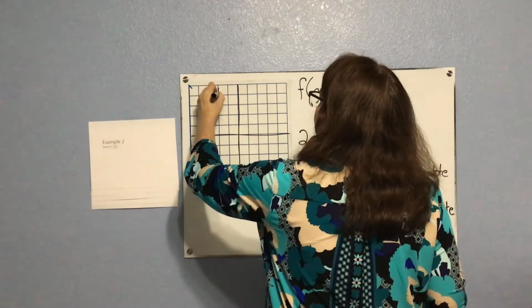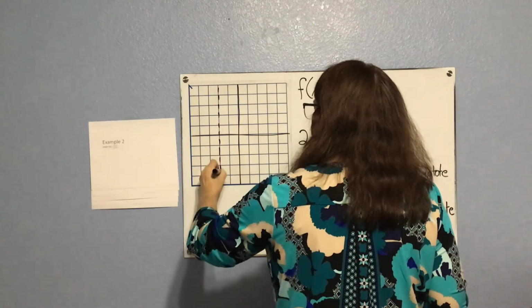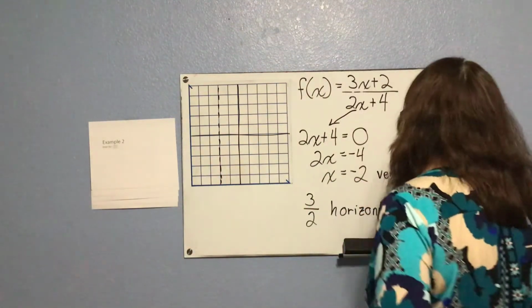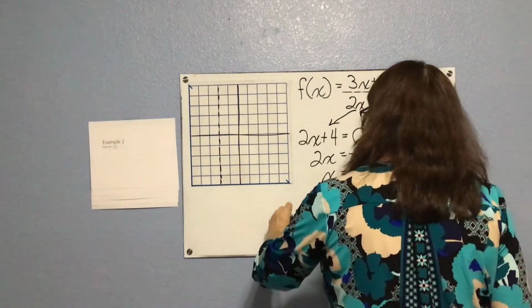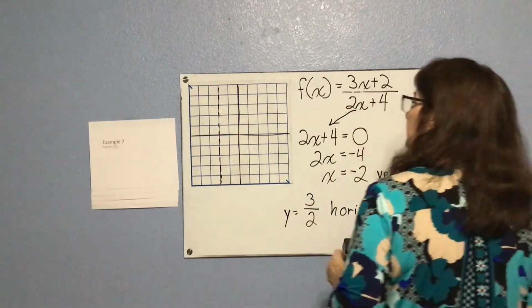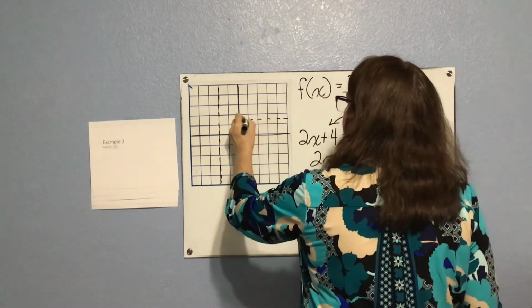So I'm going to sketch that in here. My horizontal asymptote is at 3 over 2, or more properly, y equals 3 over 2. So we'll put that one in here.